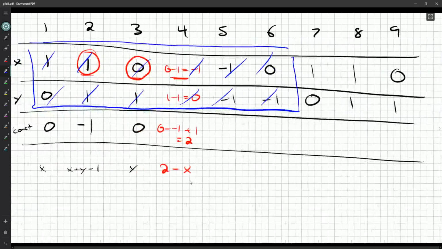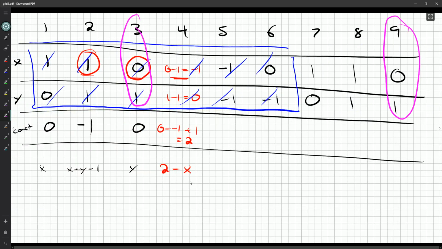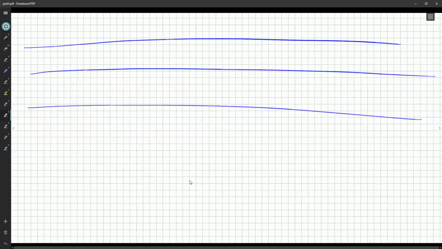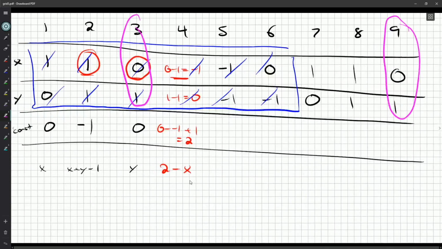So you'll notice that the 9 column is the same as the 3 column, at least when it comes to the x's and y's. So the 2016 column is going to look like the multiple. It differs by 6, so the 8 column is the same as the 2 column, for example.